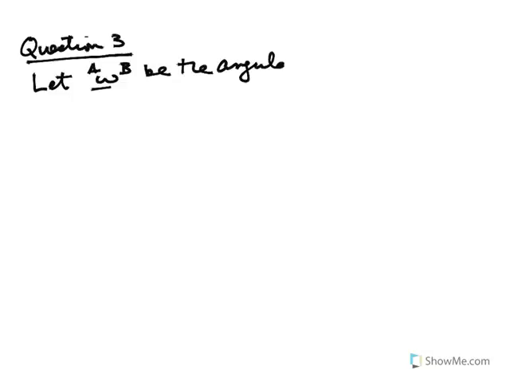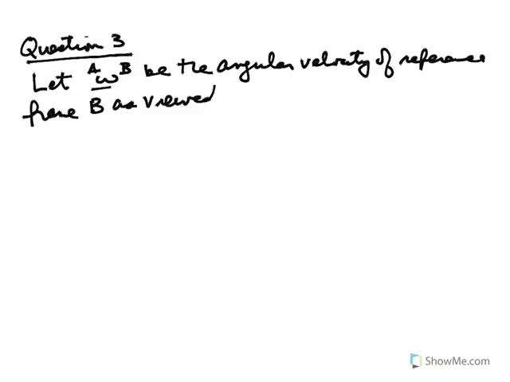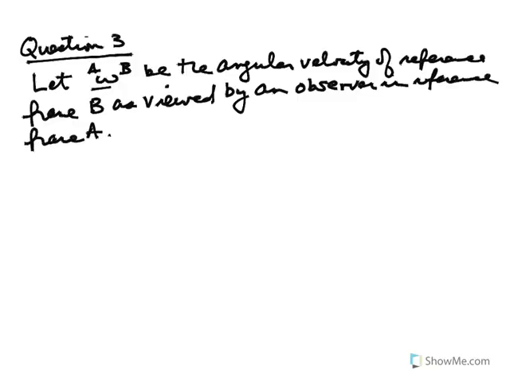Let's do question 3. Question 3 says, let omega BA be the angular velocity of reference frame B as viewed by an observer in reference frame A. Prove that omega BA equals minus omega AB.